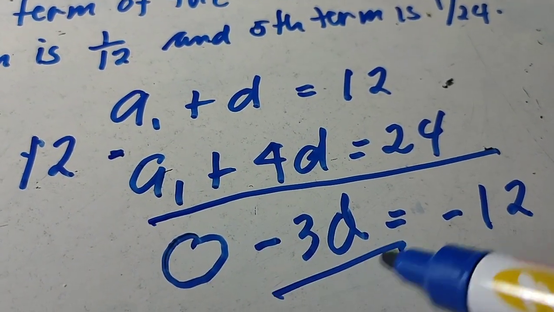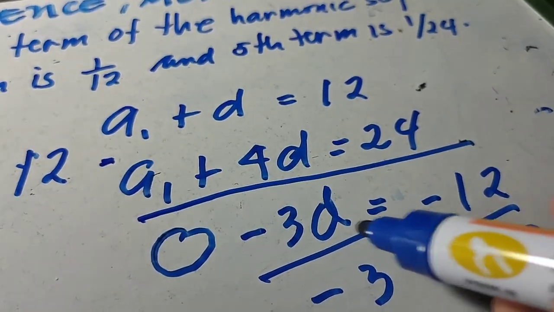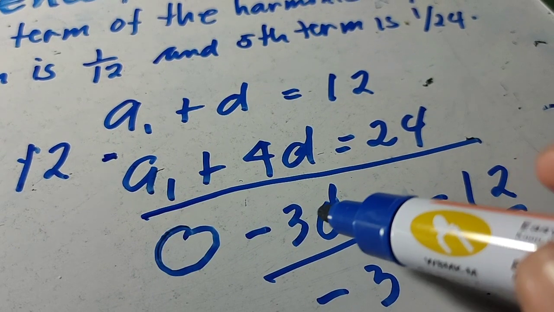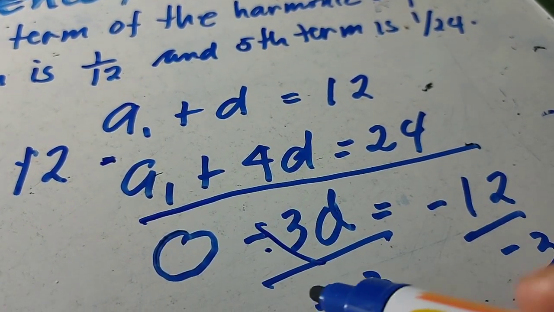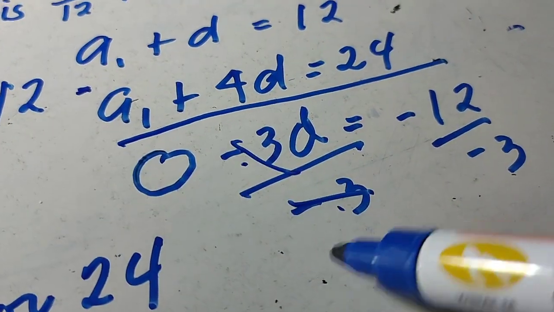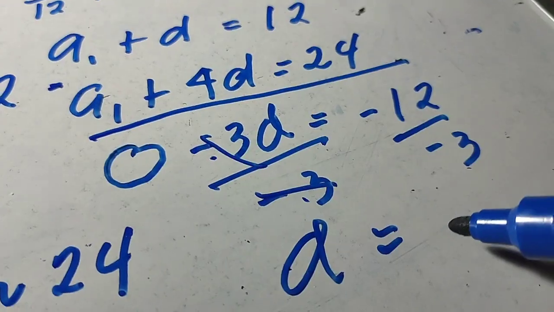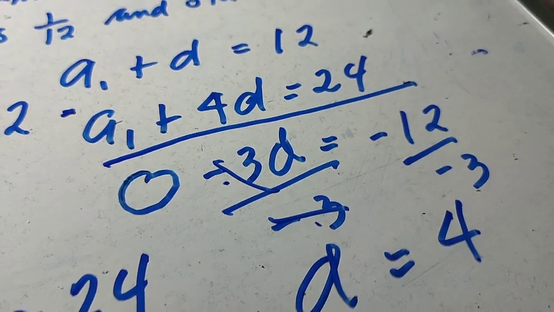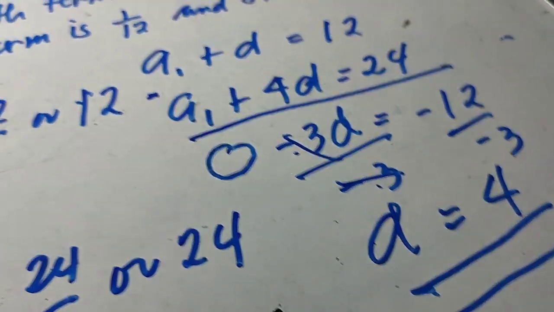So divide both sides by negative 3. Negative 3 divided by negative 3 is 1. So we can cancel that out. So d is equal to negative 12 divided by negative 3 is positive 4. So we have already our d, which is equal to 4.